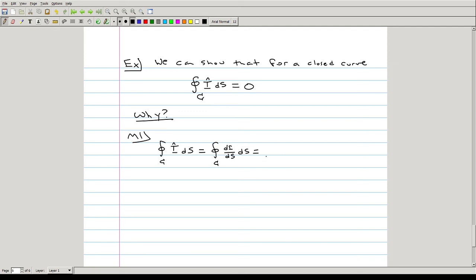So this is the same thing then as the line integral of dr, which is the same thing as the line integral over C. dr is i hat dx plus j hat dy.